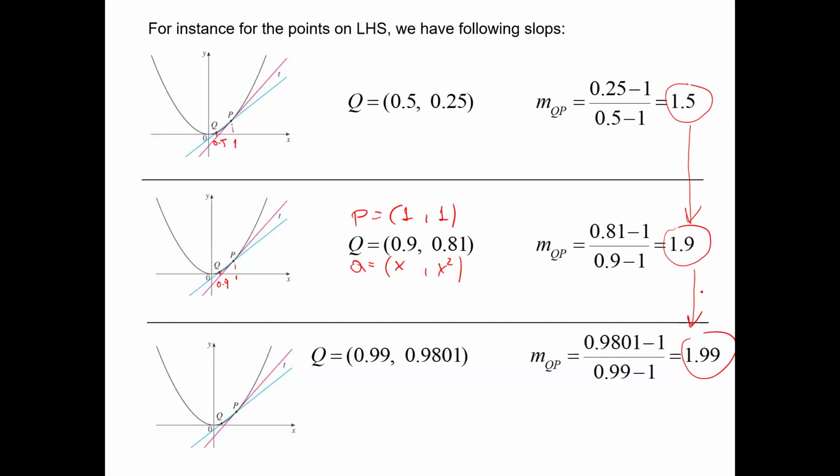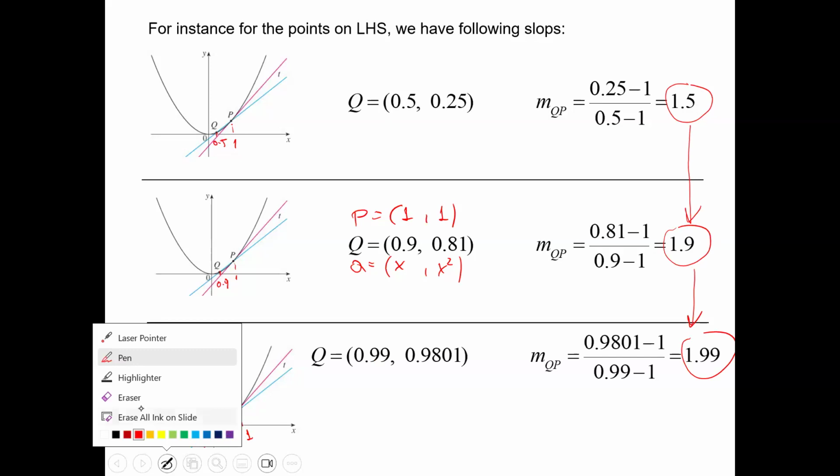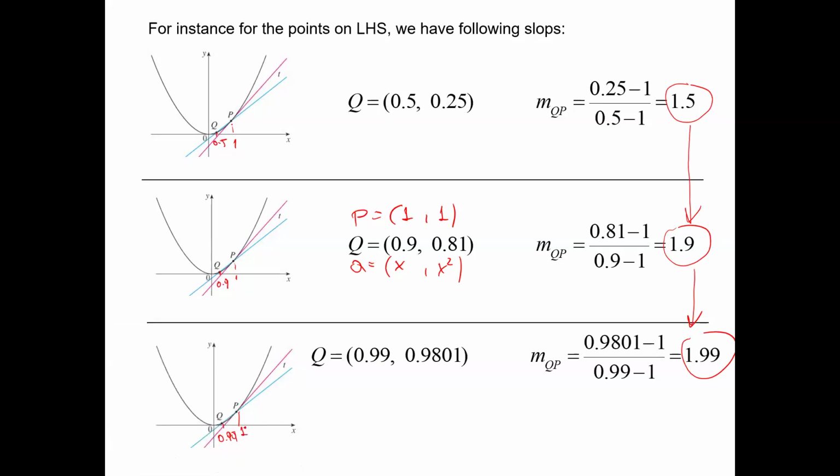And then 1.999. And if we go even closer, I didn't change the graph because it would be really crazy, but we can see it's supposed to be a little bit more vertical. Okay, 1.9.